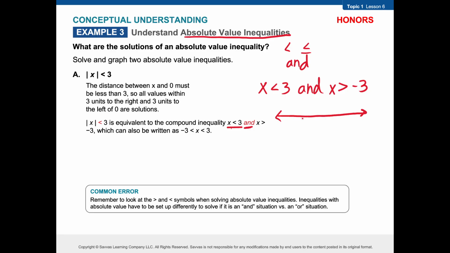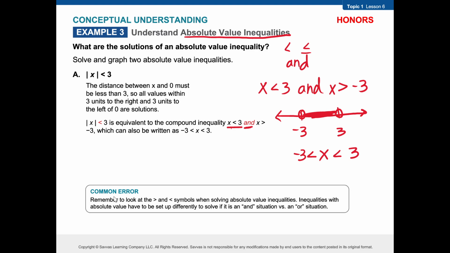So now when we go to graph it, -3 should be on my left because it's smaller, 3 on my right. They are both open circles. Numbers greater than -3 are to the right, numbers less than 3 are in the middle. You can also write it as -3 less than x less than 3.